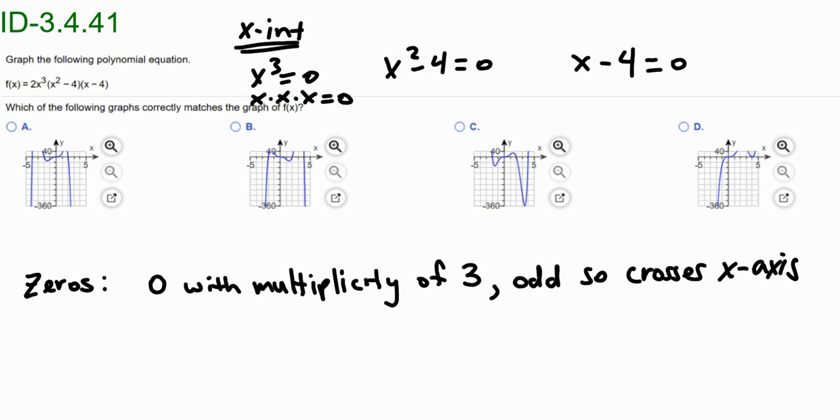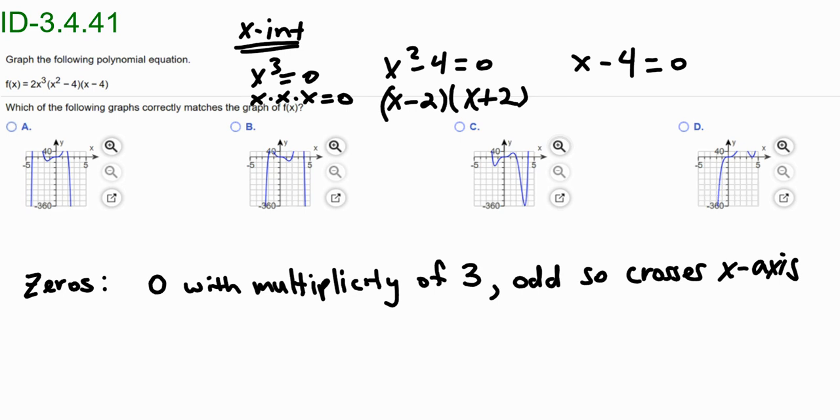Another thing I can see is that I have x squared minus 4 factors, because that's a difference of squares, to x minus 2 times x plus 2. Or if you just solved x squared equals positive 4, then it would be x equals plus or minus the square root of 4, and you would end up with plus or minus 2. And each of those have a degree of 1.